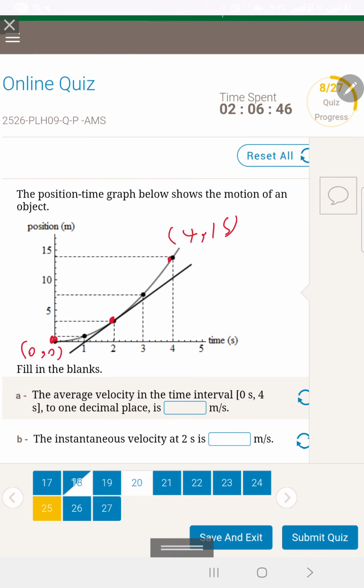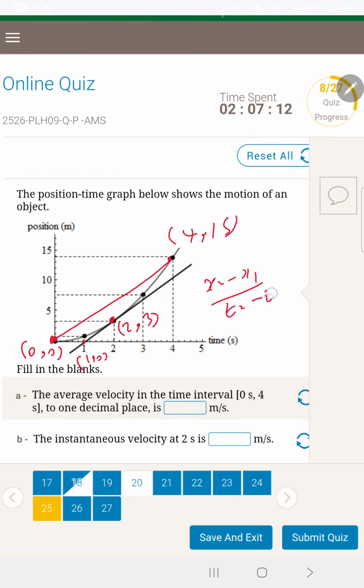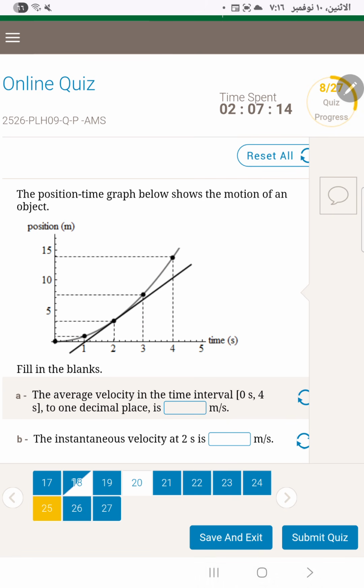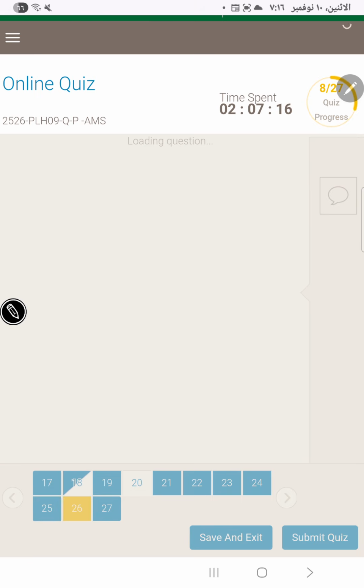Initially, for part A, it was the slope of the secant, but now it is the slope of the tangent. Also you take 2 points on the graph, like (2, 2), (3, ...) and then here (1, 1), (0, ...), then you do the slope. So in both cases you do the slope, x2 minus x1 divided by t2 minus t1, and then you find the requirement.